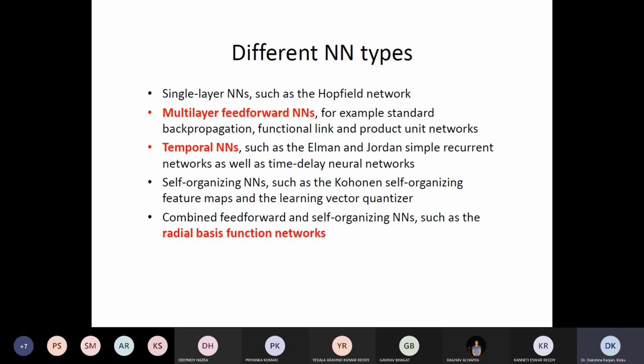In a self-organizing neural network, the training process is performed by competitive learning. These self-organizing neural networks are basically an unsupervised learning technique. By unsupervised learning, we can reduce the dimension of a feature set to a reduced dimension.